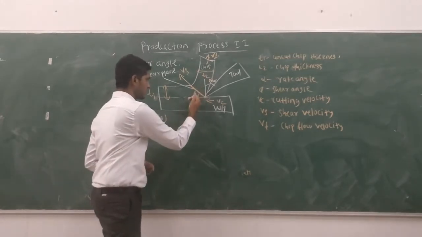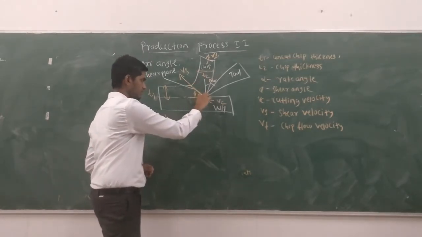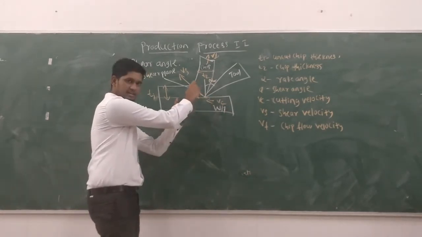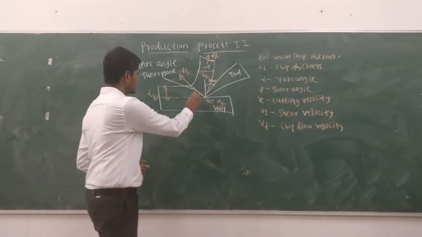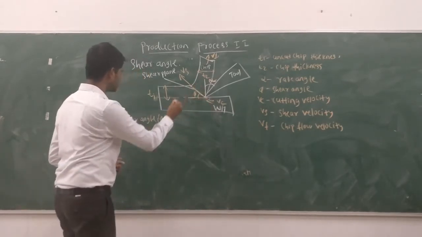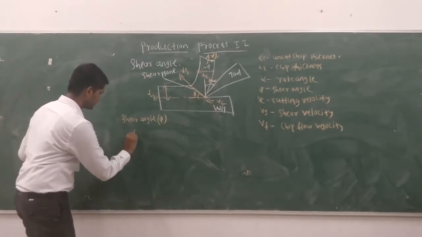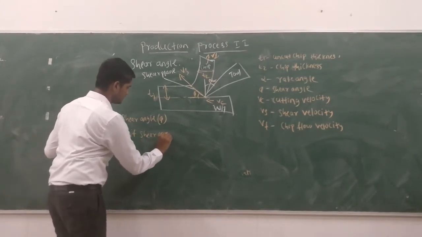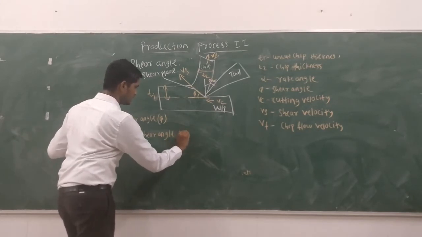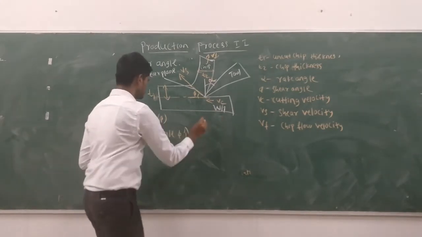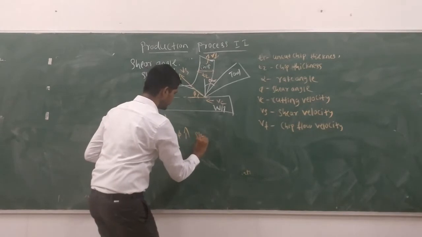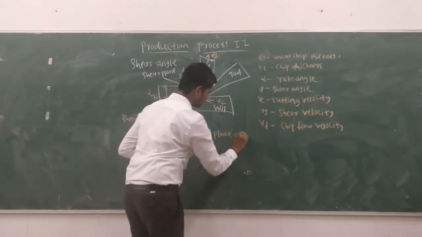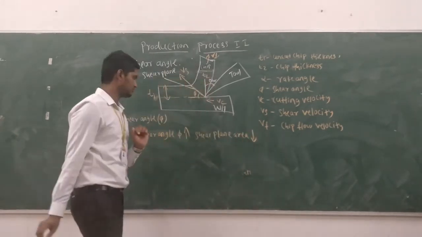Now, if the shear angle phi, the angle between the shear plane and the cutting velocity, increases, then the shear plane area reduces.